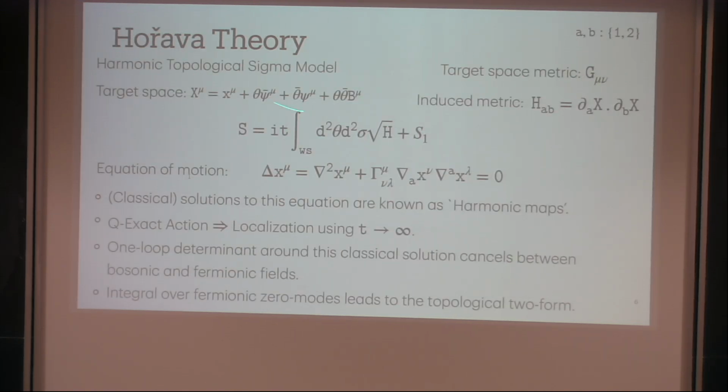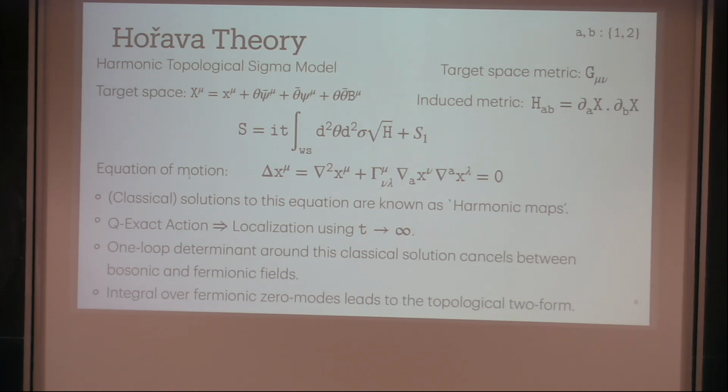To review a bit of Horava's theory, this is a harmonic topological sigma model. The action is this. In superspace formalism, it has two bosonic fields X and B and two fermionic fields psi and psi bar. And this is the induced metric, and the action looks like the Nambu-Goto action, but it's not quite. And you also have this S1 interaction term. Now, this action is a Q-exact action, and you can use localization.